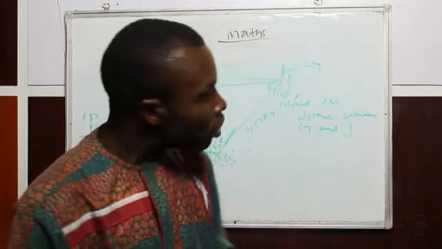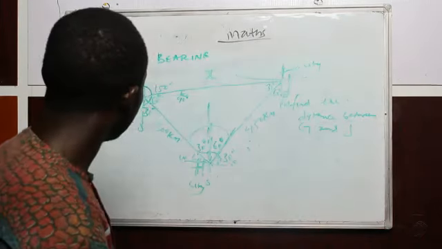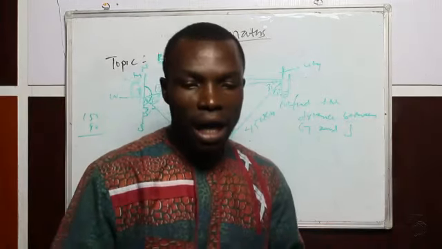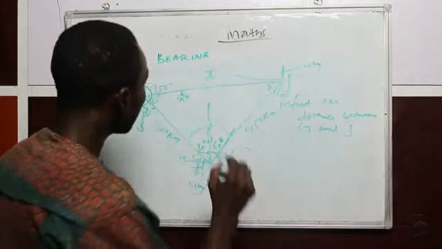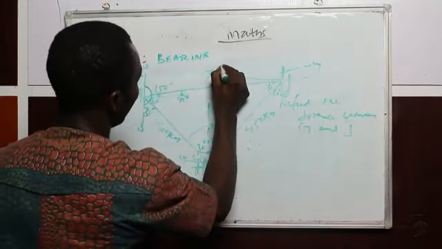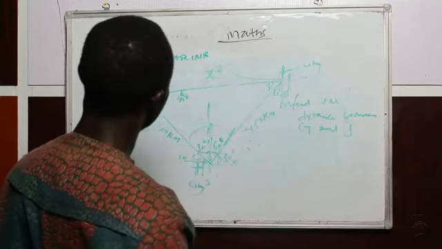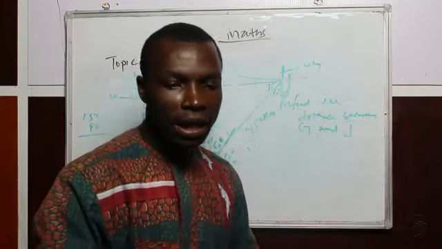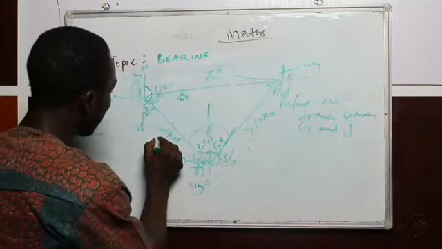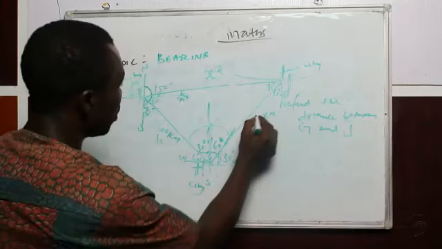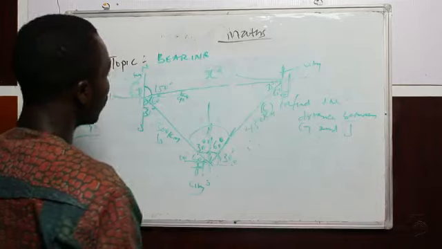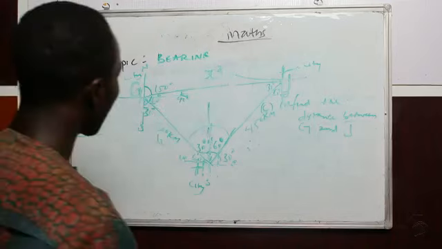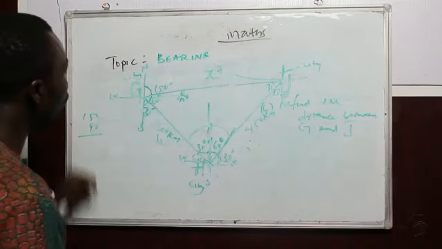Now, the distance between these is found by using a formula called the cosine rule. And how do we solve it? Let our x equal A. Then our B is this side, and C is going to be this side. So we have side C, side B, and side A, so as to find our value of the distance.